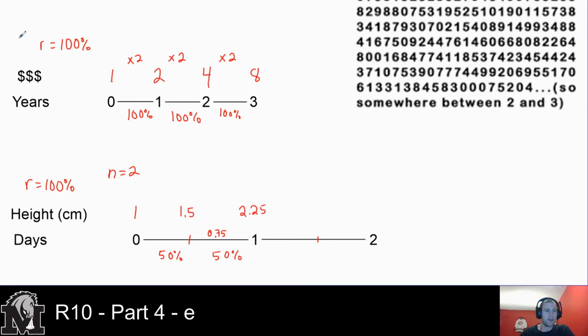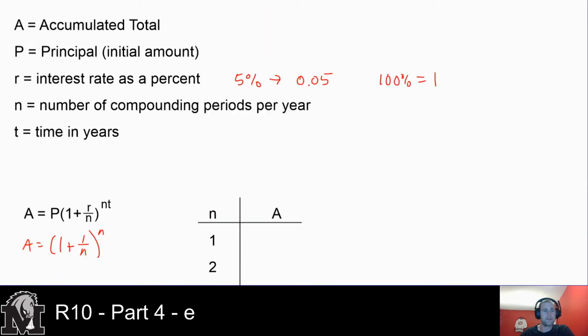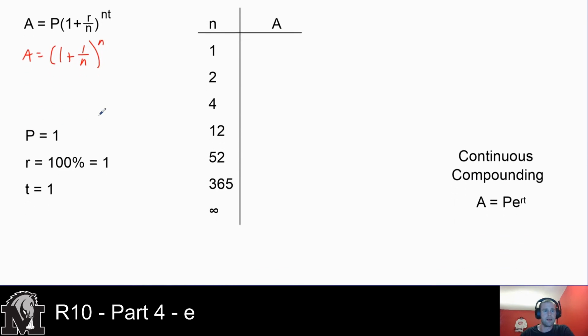So we ended up with a value of 2 after our first year. You can plug into these equations if you want to verify these numbers. So when N is 1, that gives us a value of 2. Again, we'd be working with dollars.